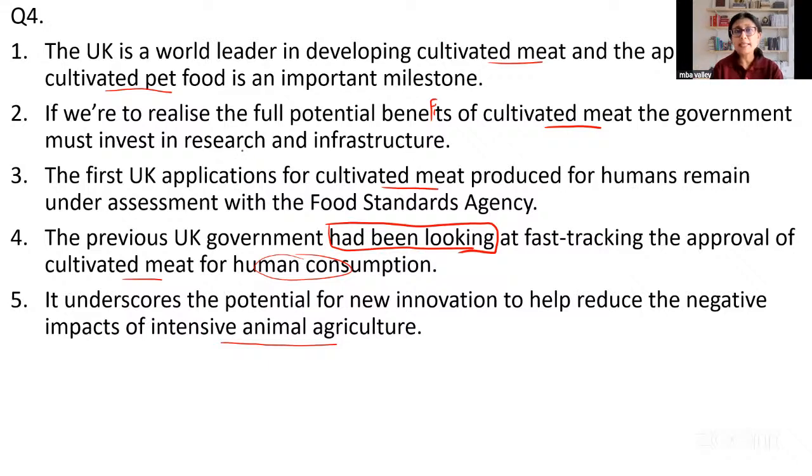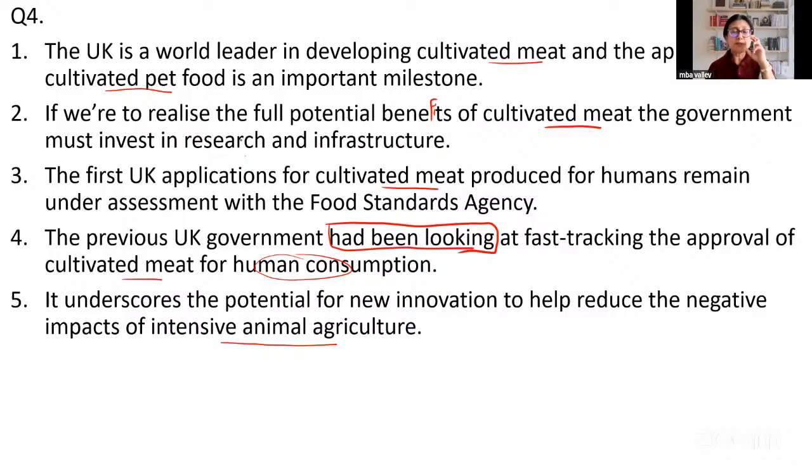Previous UK government क्या कर रहा था. Also, again, it is particularly talking about human consumption, cultivated meat for human consumption, which is out of context, right? Even though sentence number 3 says the first UK applications for cultivated meat produced for humans remain under assessment, we are still not talking anywhere about human consumption except in sentence number 4.